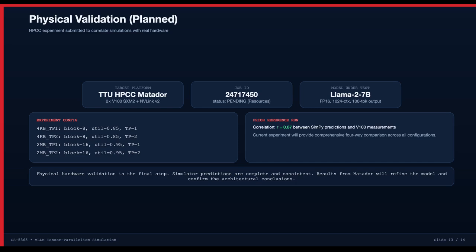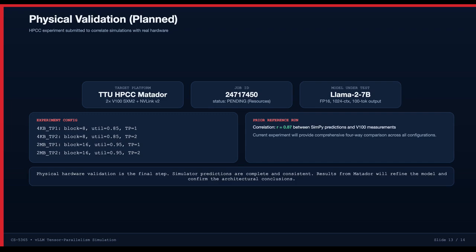Sorry, this slide is not updated, but I have the updated Slurm job, which will be the DeepSeek R1 distilled 14 billion, which is a non-gated 14 billion parameter model running in FP16 format with 1024 token context windows and 100 token outputs. The experiment configuration box on the left shows the 4 configurations being tested.